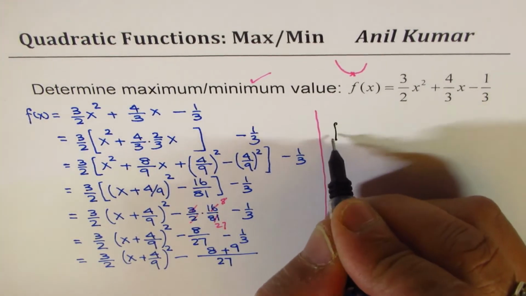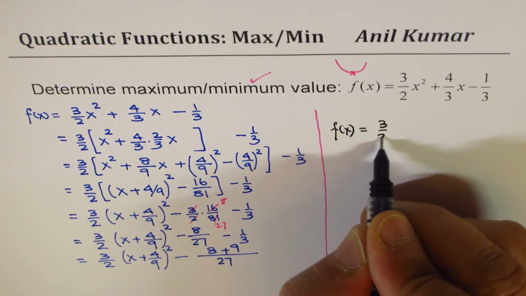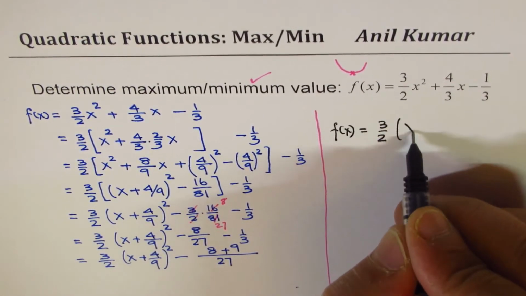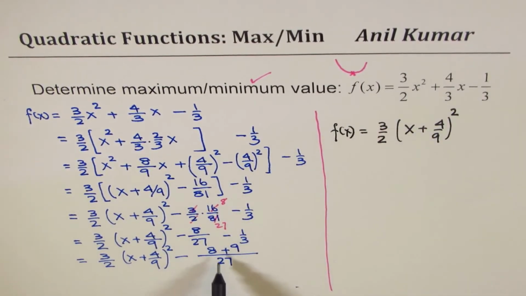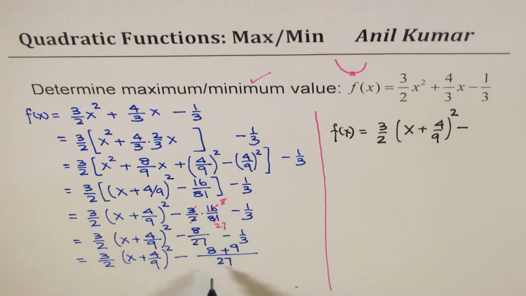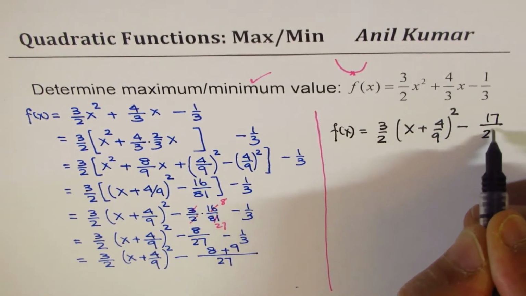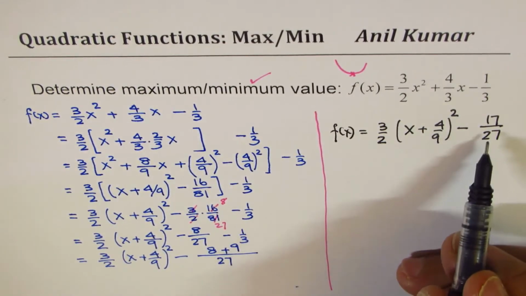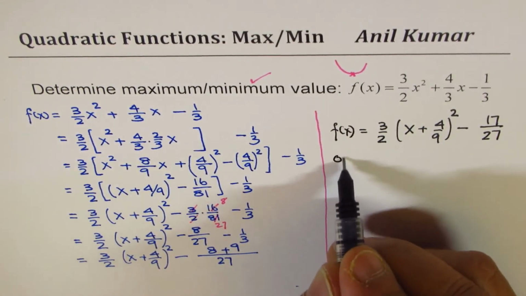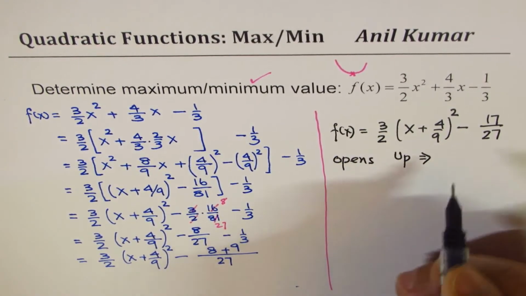So we have this function f of x written as 3 over 2 x plus 4 over 9 whole square and minus 8 plus 9 is 17 over 27. Now these values here will give you the vertex, since we know that it opens up, and therefore we have minimum.